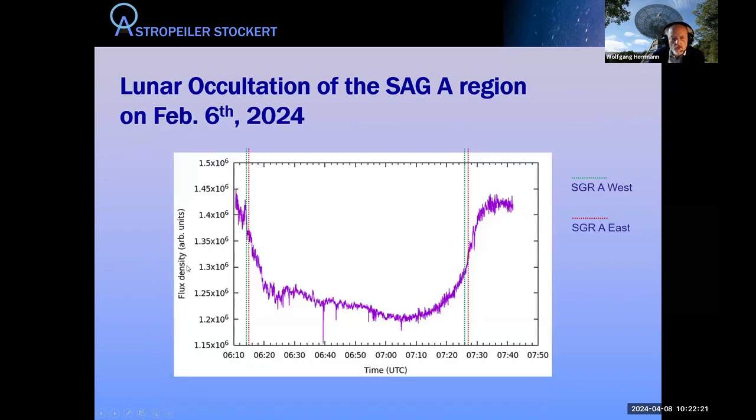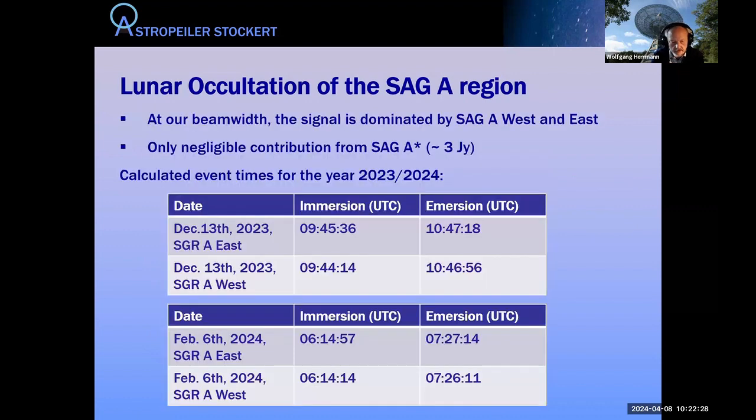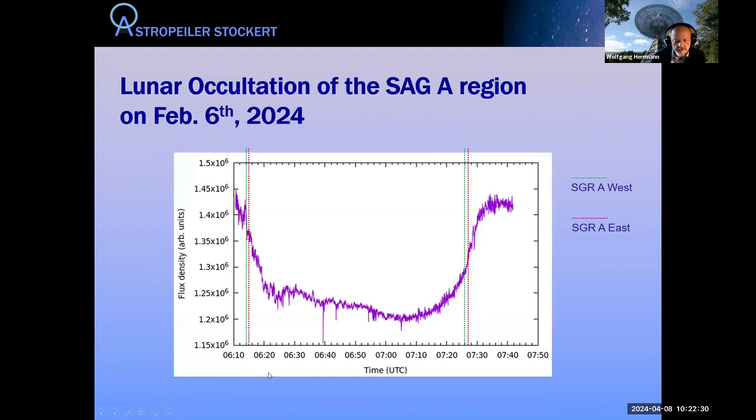This is showing the lunar occultation of the Sagittarius region from February. So it was essentially the second observation. And you see a very similar curve, not as clear and not as noise-free as from the Crab Nebula, because it's not quite as strong.